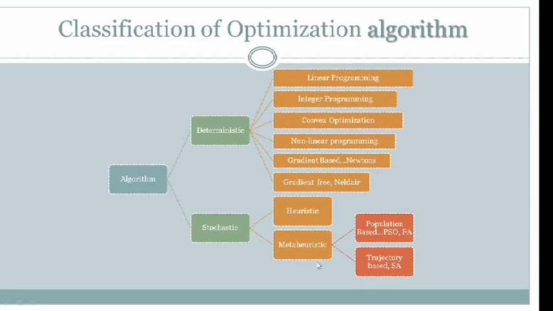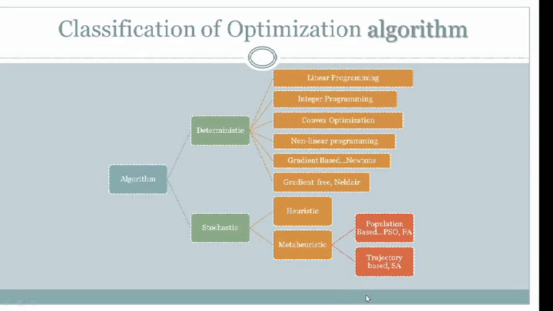But in converse, a trajectory based algorithm, simulated annealing for example, uses a single agent or solution which moves through the design space or the search space in a piecewise style, and the steps or moves trace a trajectory in the search space with a non-zero probability.